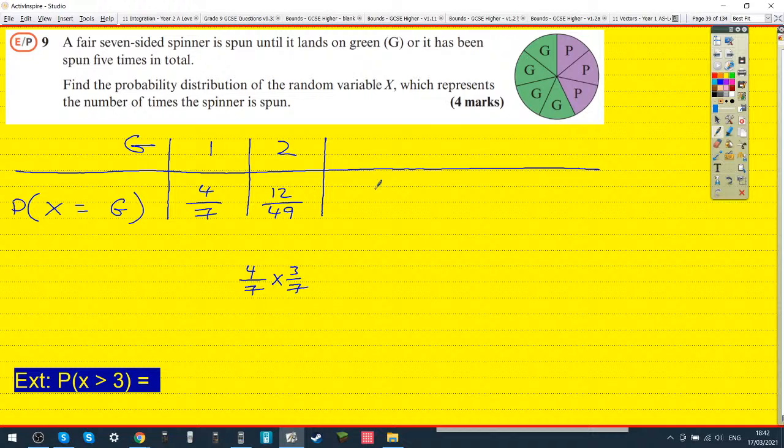And then the third one, it would have to be 3/7 times 3/7 times 4/7, which is 36/343. And short way of writing 3/7 times 3/7?